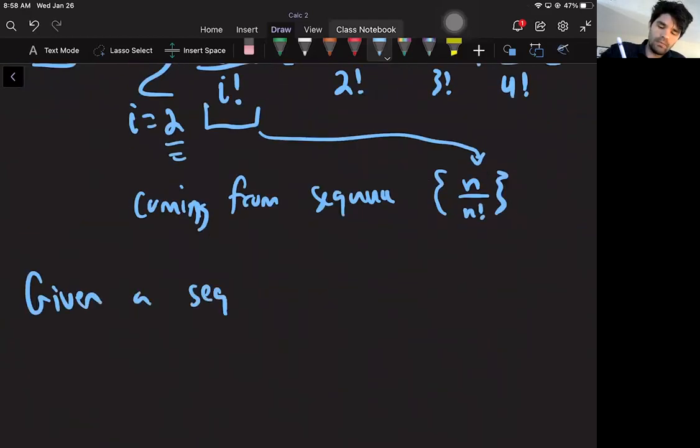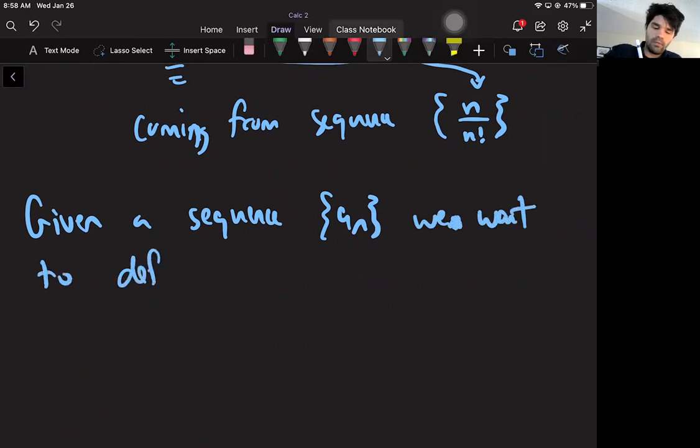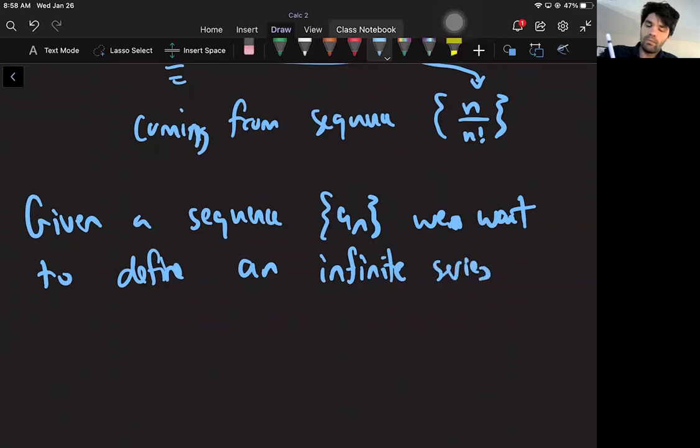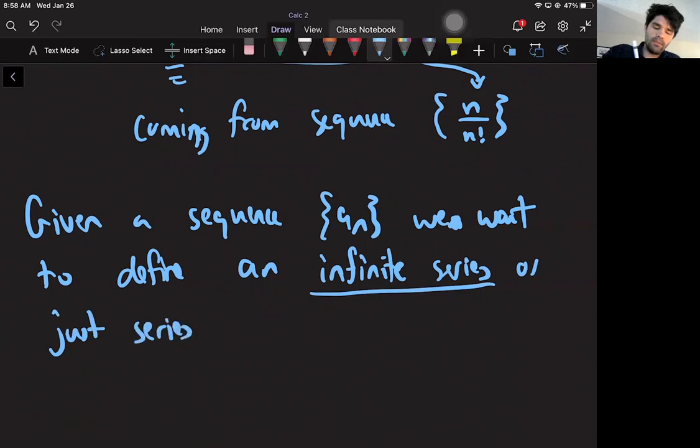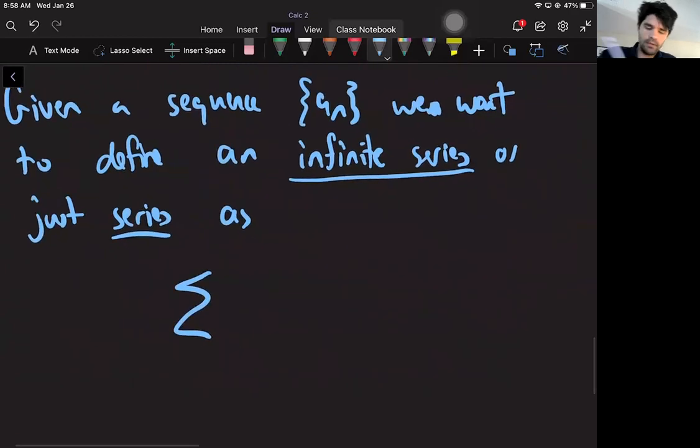So given a sequence, because the sequence doesn't stop, it has infinitely many terms. As you go down and down and down, we want to define an infinite series, or just series if you want. You don't have to say infinite series because the infinite is implied. As well, the notation is going to look something like this.